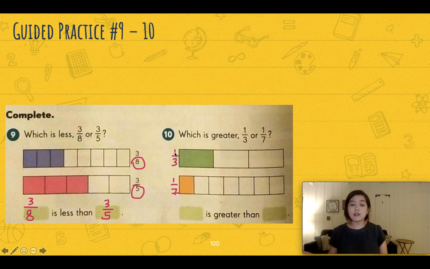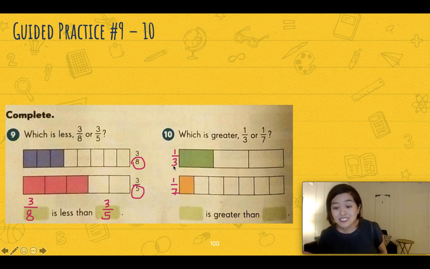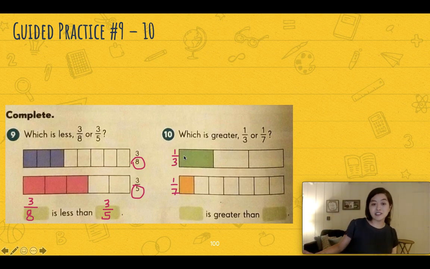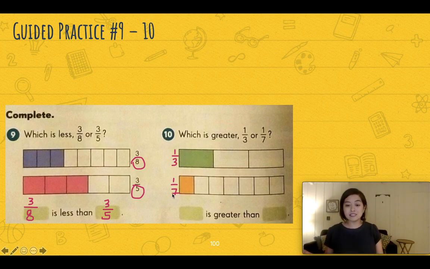Remember, when the fractions are unlike fractions, which means they have different denominators, which they do here, and if they have the same numerator, of which they do here, which is 1, the one with the lesser denominator is the greater fraction. So here, 3 is less than 7, so 1/3 is greater than 1/7.